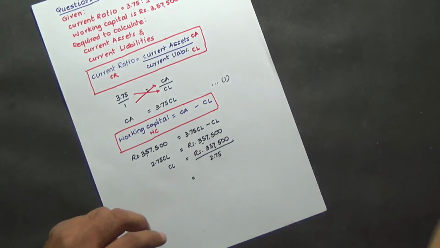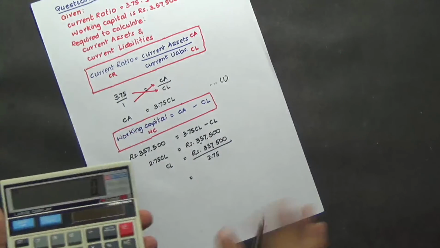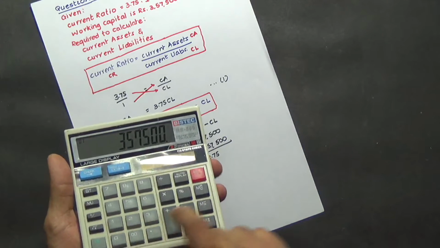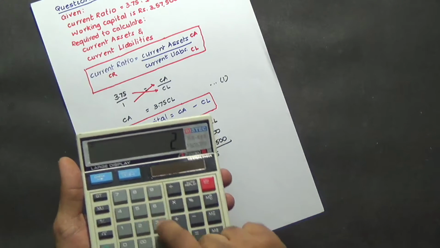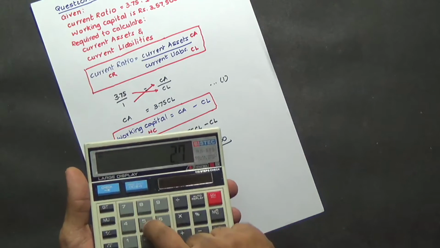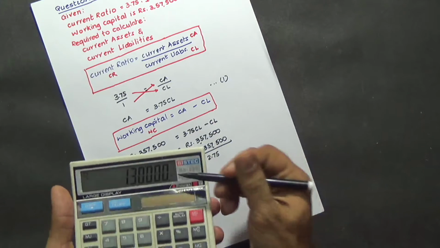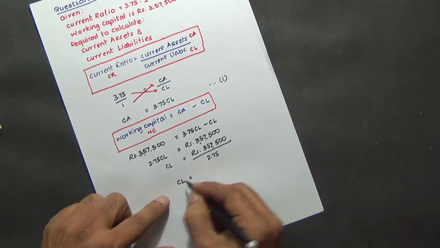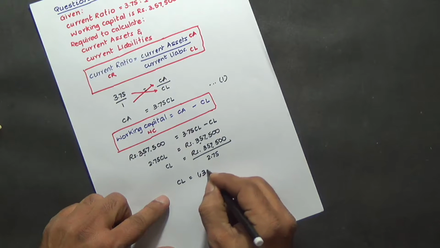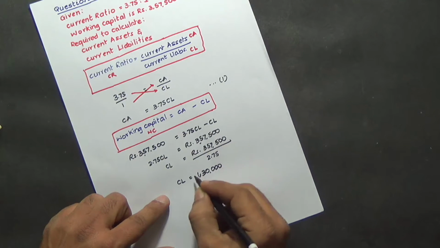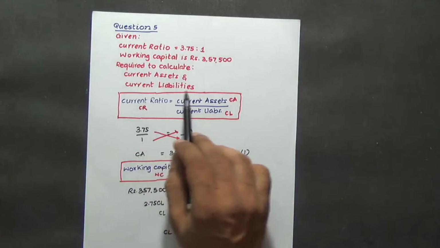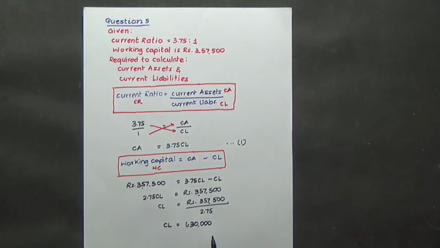If we tap this on the calculator, 3,57,500 divided by 2.75 equals 1,30,000. So current liability is equal to rupees 1,30,000. We were required to find current liabilities, which we have found.